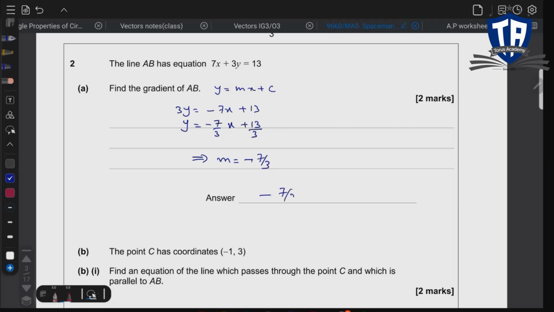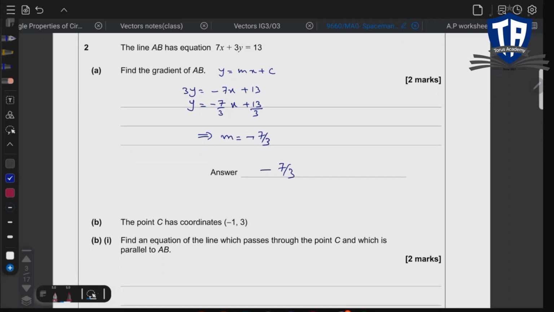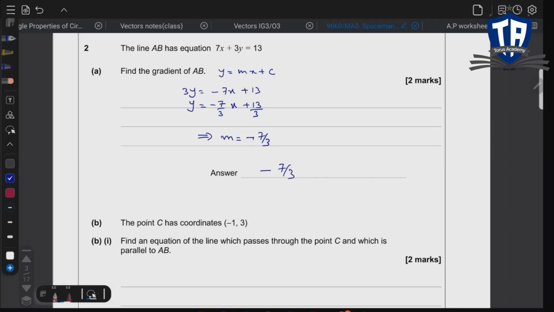The next part of the question says that we are given a point; find the equation of the line which passes through the point C and which is parallel to AB. The gradient of our required line is minus 7 over 3 because the lines are parallel, and in parallel lines gradients are the same. This line is passing through the point minus 1, 3.